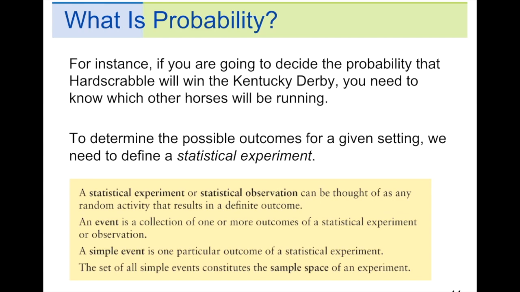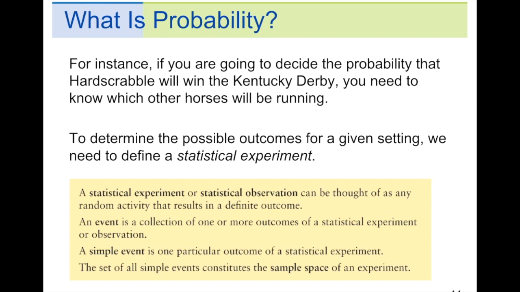An event is a collection of one or more outcomes of a statistical experiment or observation. A simple event is one particular outcome of a statistical experiment. The set of all simple events constitutes the sample space of an experiment.